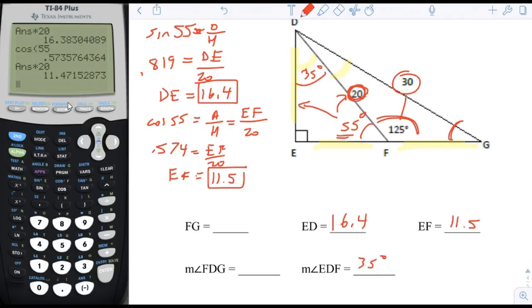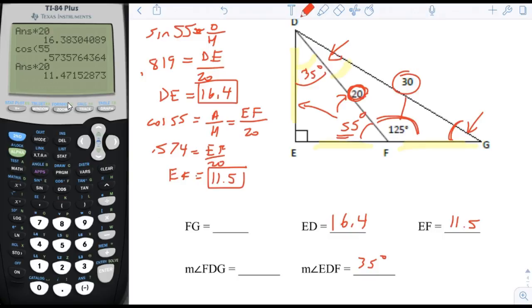So let's try to figure out this angle here. They didn't ask us for it, but once we figure out this angle, then we can figure out this angle, right? Because all the angles are going to add up to 180. The more angles and sides we figure out on this unknown triangle, the better.